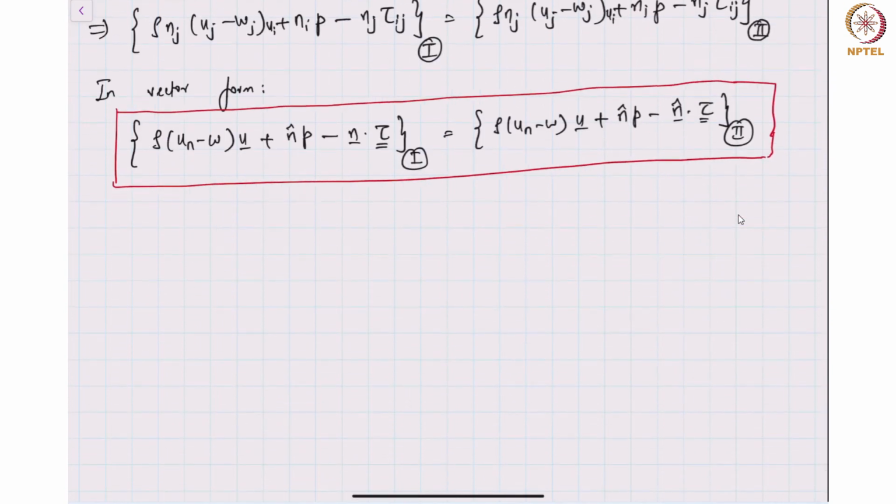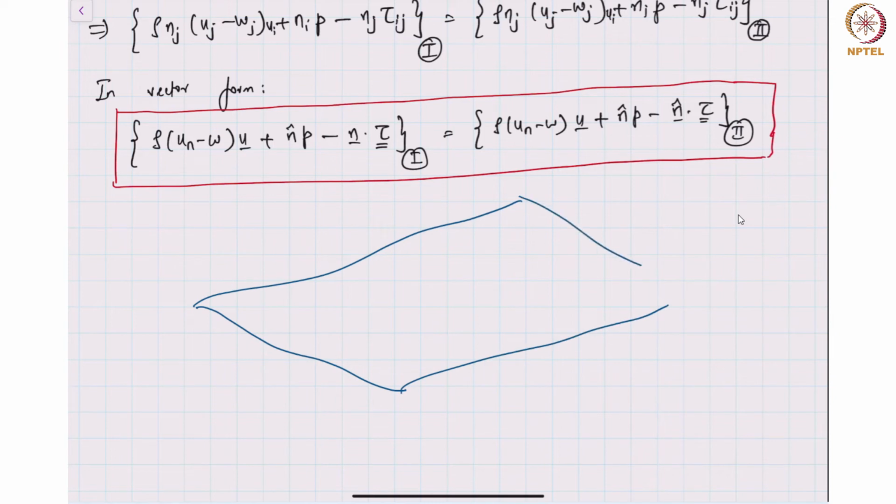Now this equation is easy to analyze if we actually look at them in individual components. Okay. So what I have now is an interface. I have a small region here.